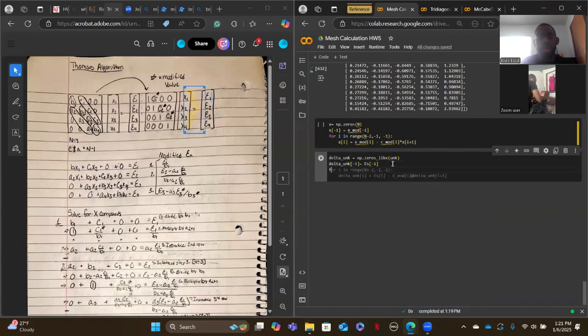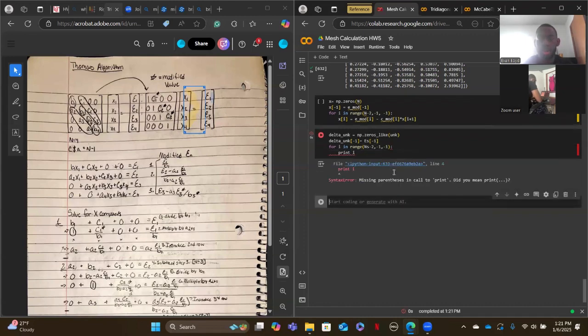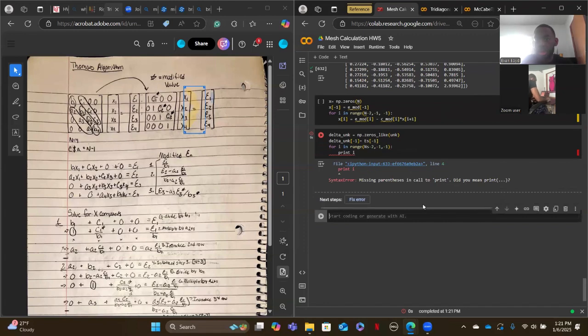We still have this for loop, for i in range. Remember this for loop helped us: we started right before the reboiler and worked our way up. I can show that real quick. I'm going to print i.